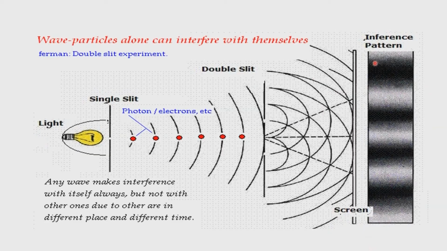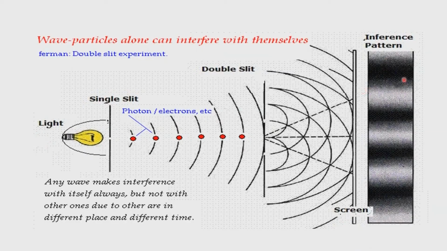If you now extend it to 3 dimensions and imagine that there is a 3-dimensional screen with different slits put into that, then we will get these lines converting themselves to spots, and therefore we will get bright and dark spots.